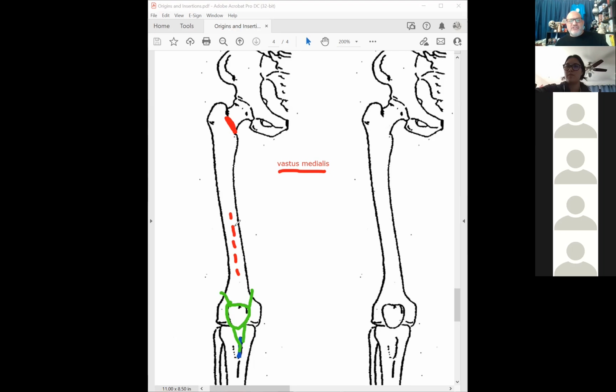Some of its origin is posterior and some of its origin is anterior. So what this muscle really does is it wraps around the medial part of the leg, and comes in to the insertion pathway. And the same thing is true for the vastus lateralis.